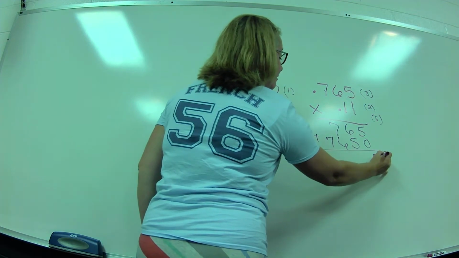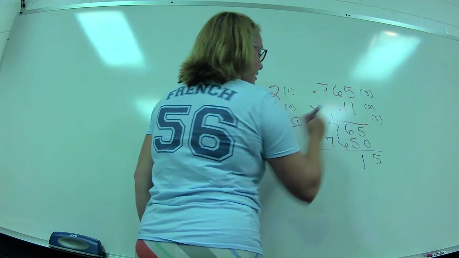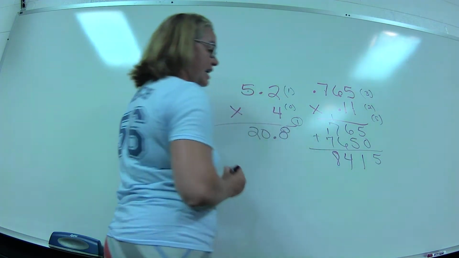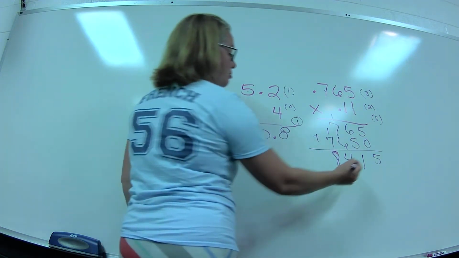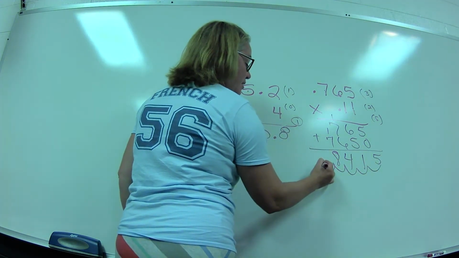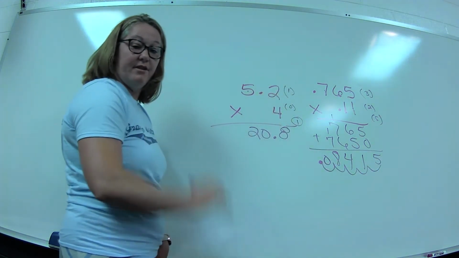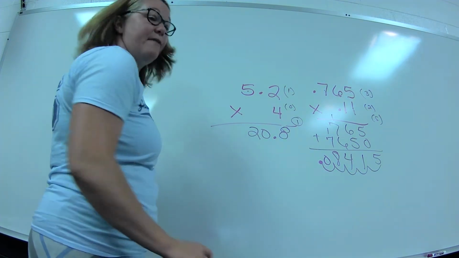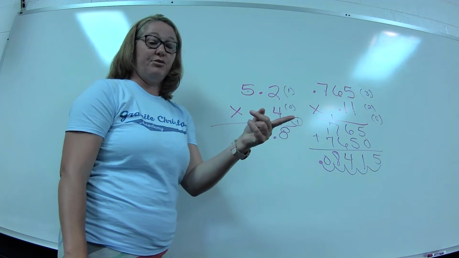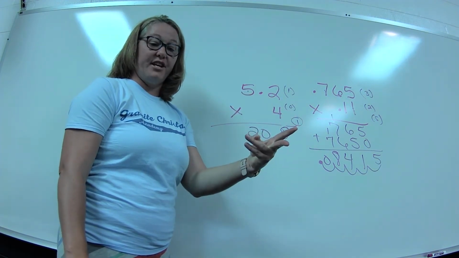We get 5, 11, 13, 14, and we get 8. You will need 5 decimal places. 1, 2, 3, 4, 5.